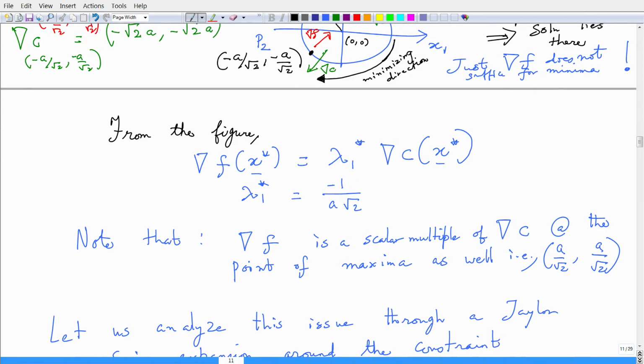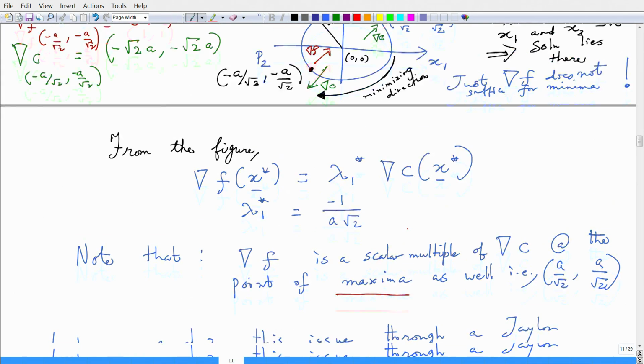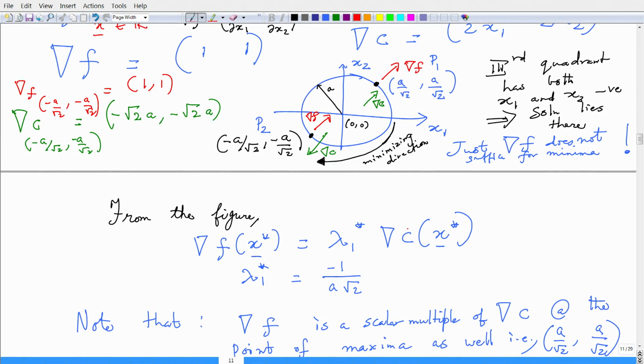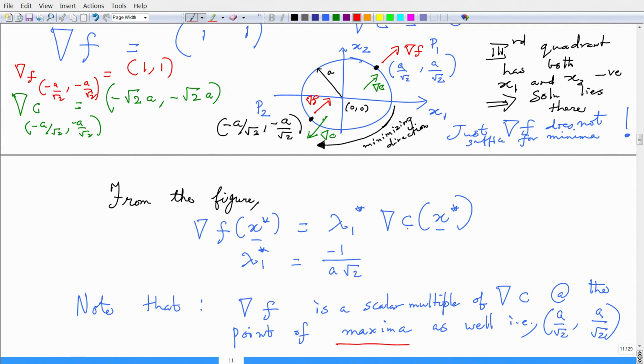Okay. So, note that del f is a scalar multiple of del c at the point of maxima as well. So, this is a very important observation, right. The sign flips here, right. So, in one case it is minus 1 upon a root 2, and in the other case for maxima it is going to be symmetrically plus 1 upon a root 2.